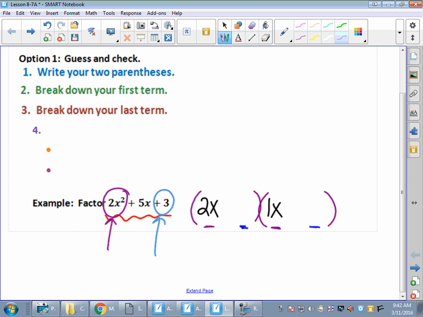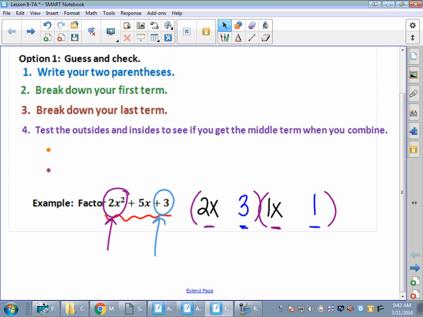Well, let's just give it a try, and let's try the 3 times the 1. Now here's the thing. I didn't put any signs in there. We are going to test the outsides and the insides to see if we get the middle term, which happens to be 5x.